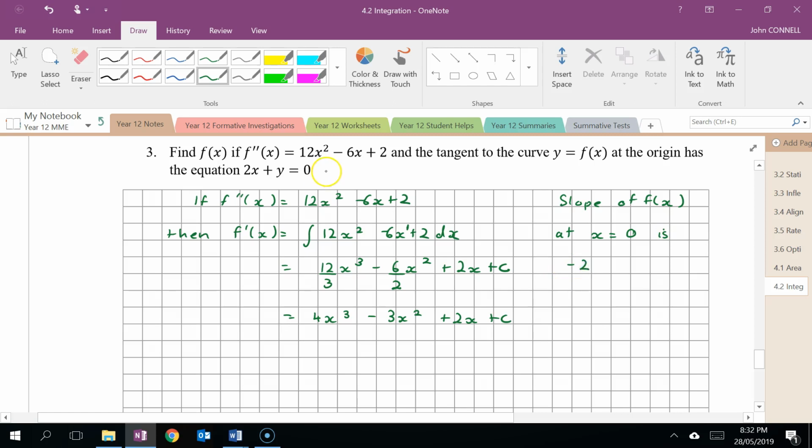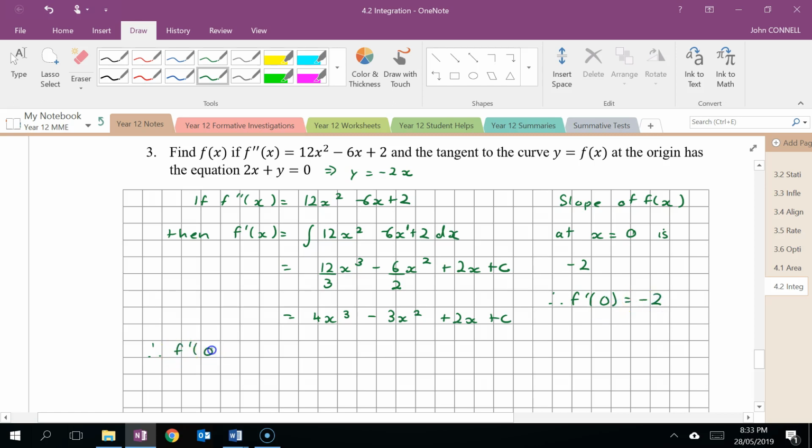So we can think of this as y equals minus 2x, and so the slope there is minus 2. What this means is that f dash of 0 must equal minus 2.